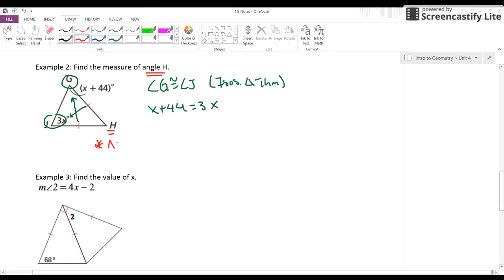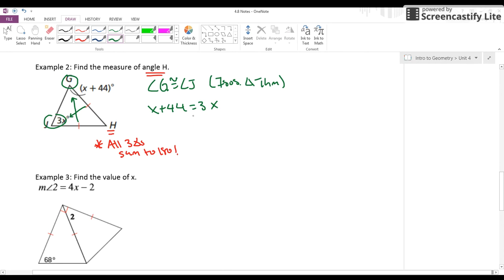All three angles sum to 180 degrees. So I'm going to keep that in mind as I'm working this out, because once I find x, I can find G and J, and then add them together and take them away from 180 to find angle H, okay?